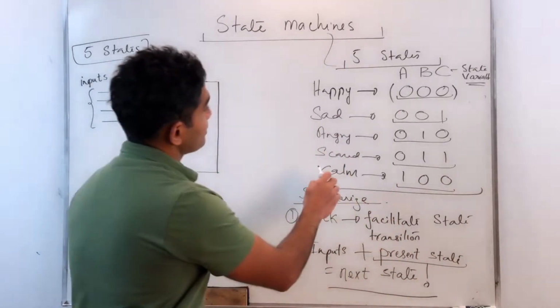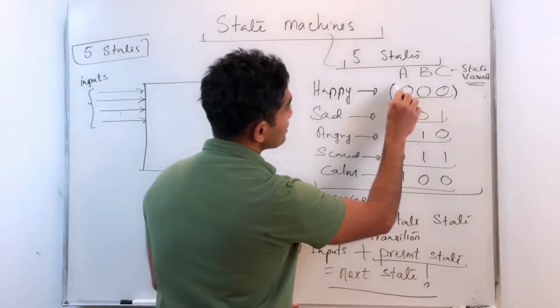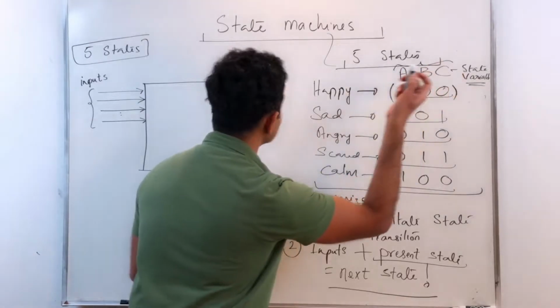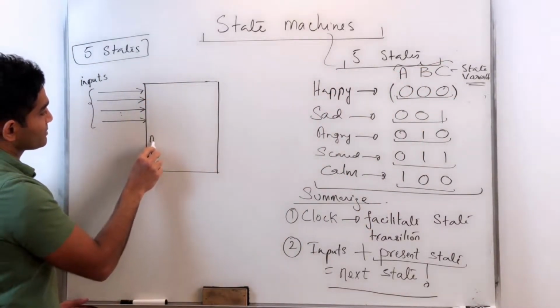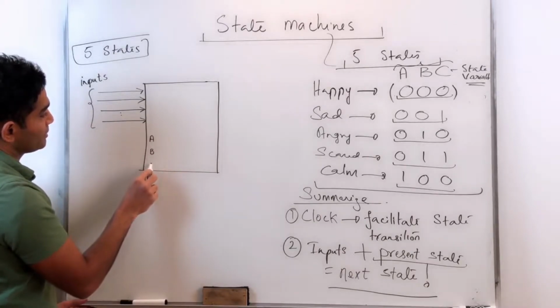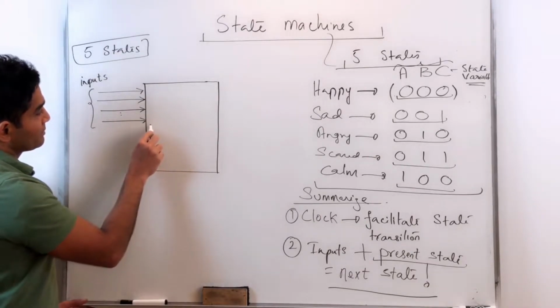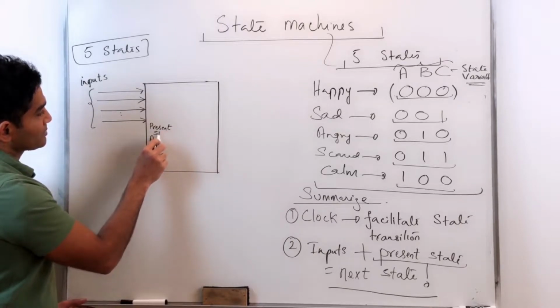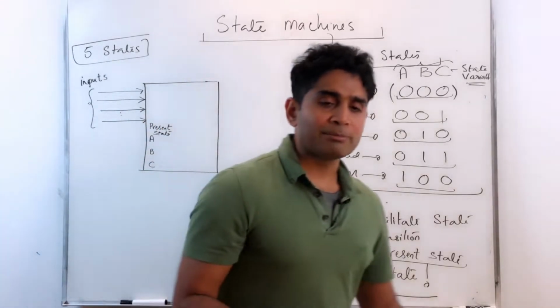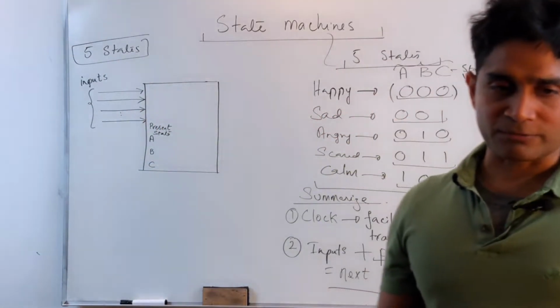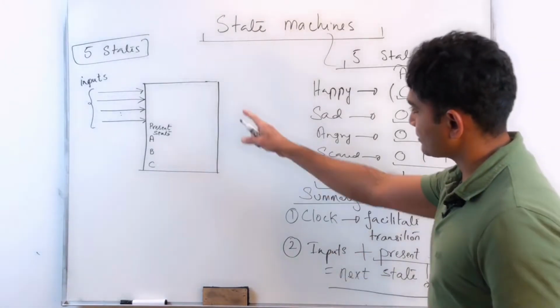Now again, the present state is encoded in terms of the state variables A, B, and C, let's say in this case. So these are the inputs, and these are the present state A, B, and C. The values of A, B, and C would tell me what state I am in at that particular instance of time. So that's my present state.